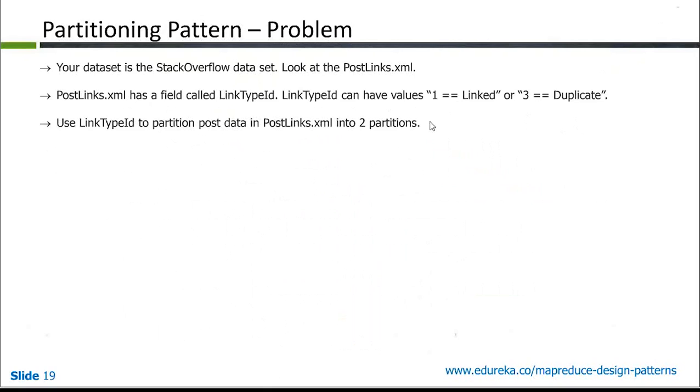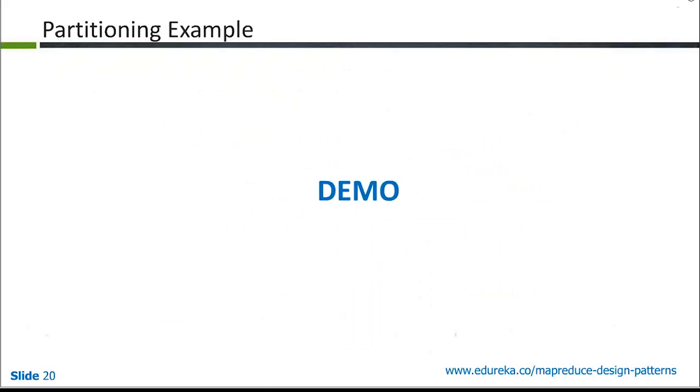One stands for linked data and the other is the duplicate data. So what we'll do is partition this whole file by link type ID into two partitions, the linked partition and the duplicate partition. Let's see the code for this.